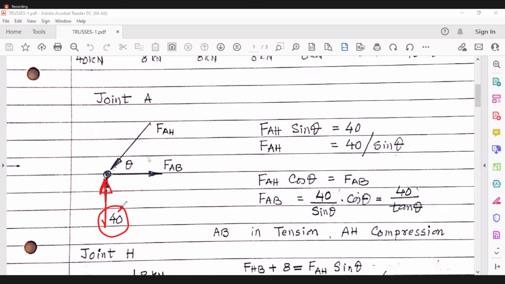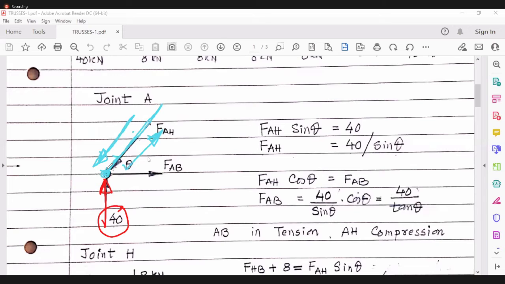Now, this element AH is either giving a force in this direction or in this direction. I do not know. AH is either pushing this point or pulling this point away.